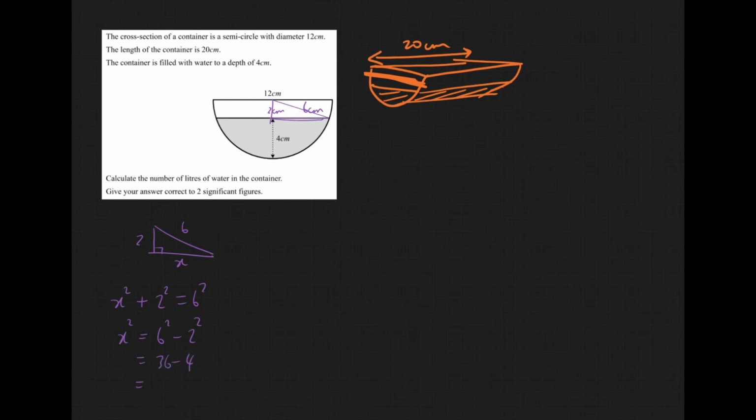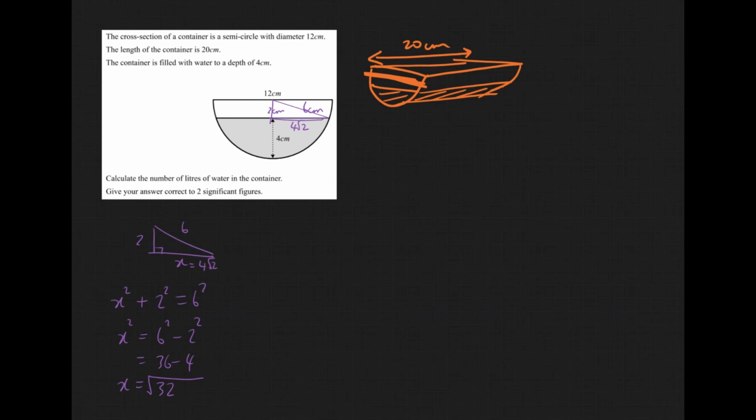Then we square root that, so x is equal to the square root of 32. Let's leave that as a square root for now. The square root of 32 just becomes 4 root 2. So let's label that as 4 root 2, so x equals 4 root 2.